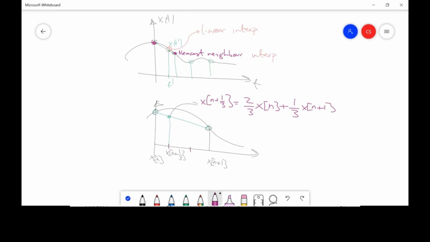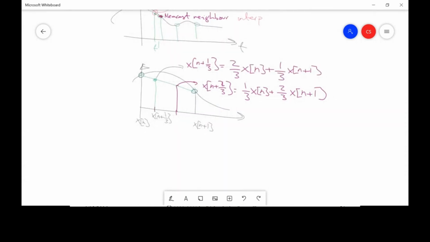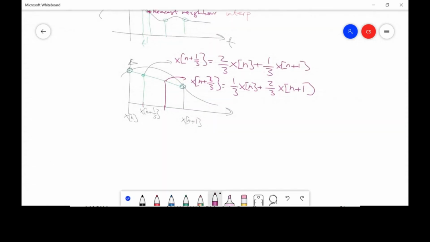So what about this one? x of n plus 2/3 would be 1/3 of x of n plus 2/3 of x of n plus 1. You're fitting a line actually. All of these follow this rule.